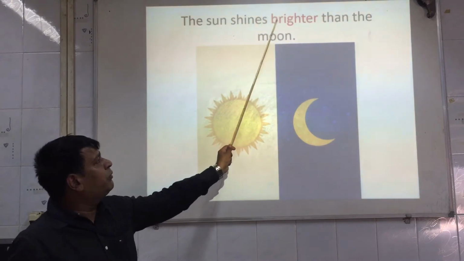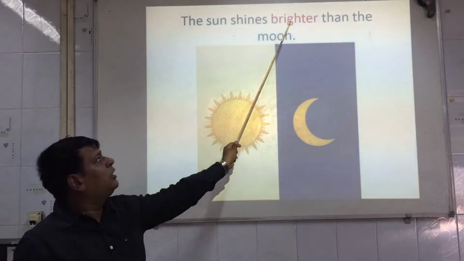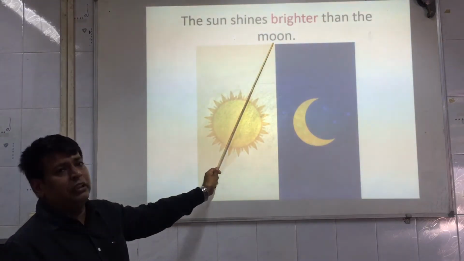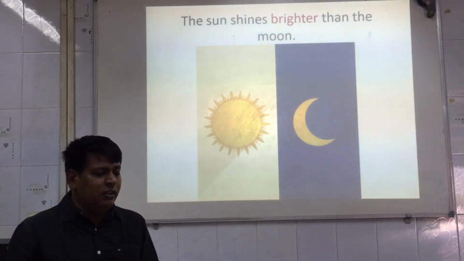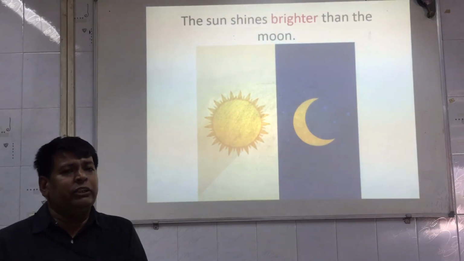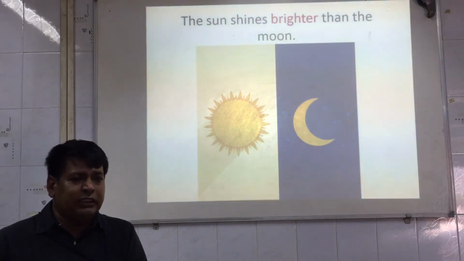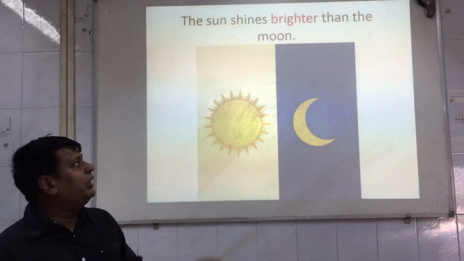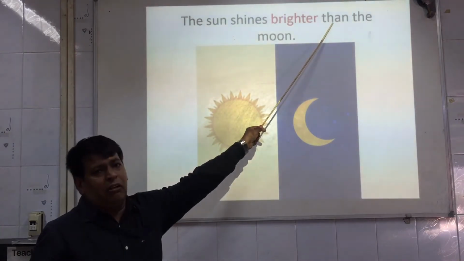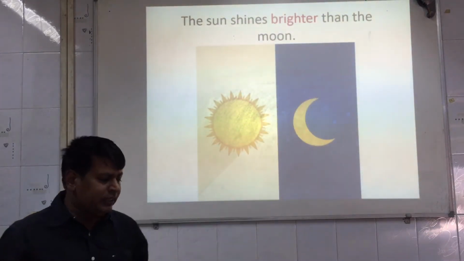Now here the adjective brighter compares the sun and the moon. As I have already said, when we compare any two objects, people, places or actions, we add er to the adjective and we use then after it. Clear, students?